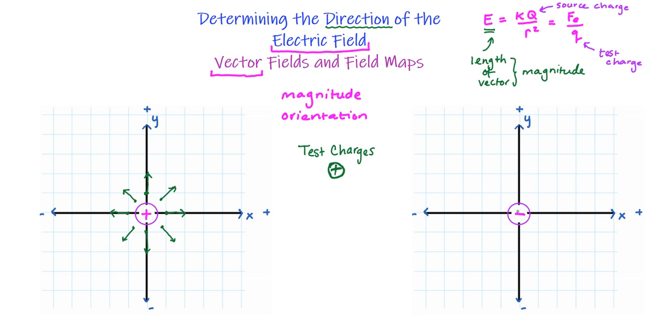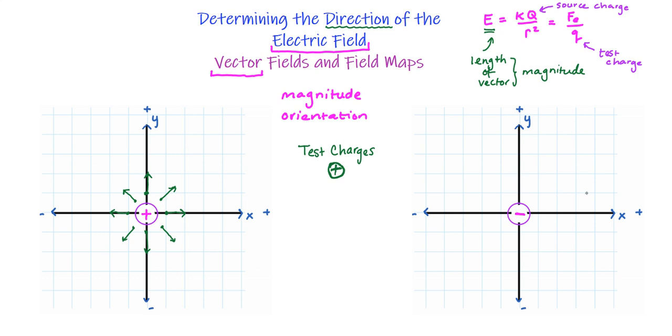Now let's go ahead and draw what the field's starting to look like for a negative charge. Again, the convention says that we always use a test charge, which is a thing that we're testing the field with. That's where that term comes from, but we're going to do it for a negative source charge.